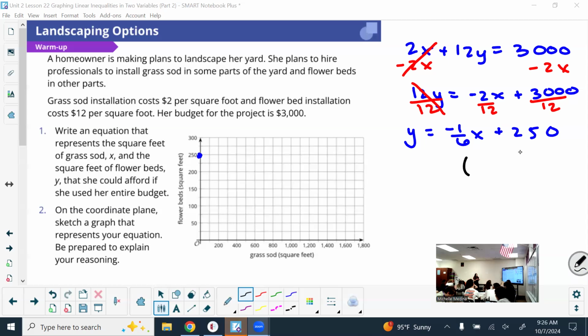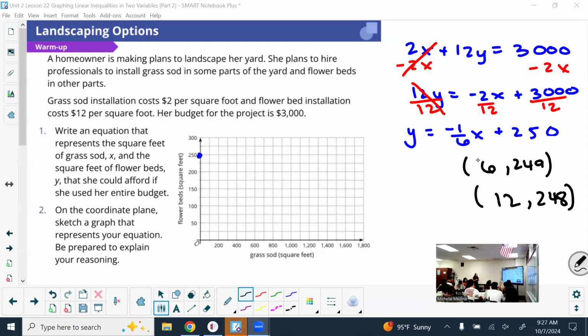If I were to truly go down 1 to the right 6, then I'd also have a point at 249 for the y and 6 for the x, because that would be me literally going down 1 to the right 6, like those values. So this one would be on the line. The next one that would be on the line, going down another 1 in y and to the right another 6.